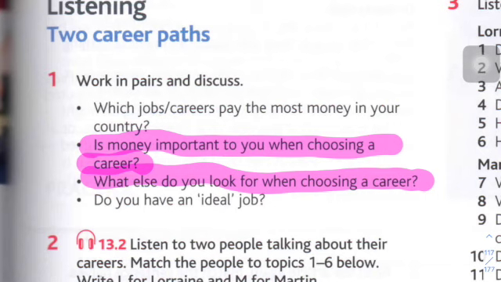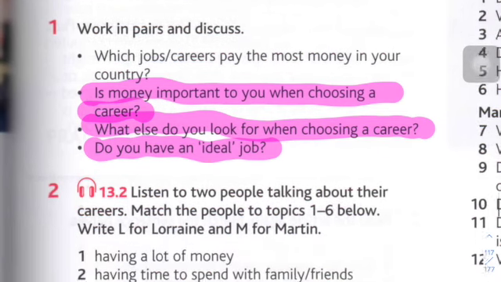Did you choose it because somebody told you, or because you liked it, or did you research before choosing your training program? So what do you do to choose your career? And do you have an ideal job? So what is the idea you have of the ideal job? What is an ideal job for you?